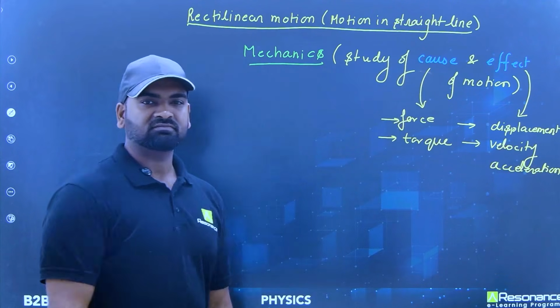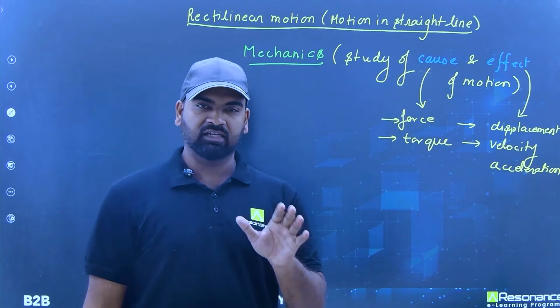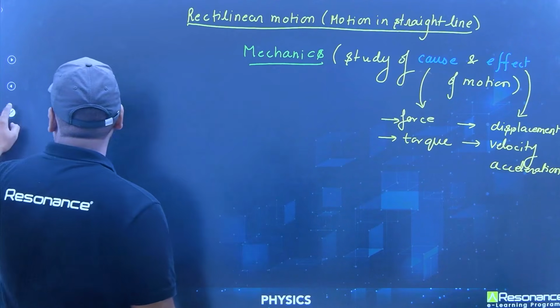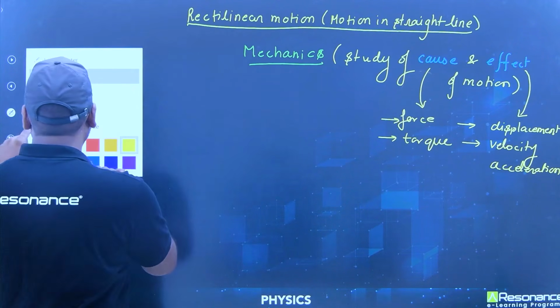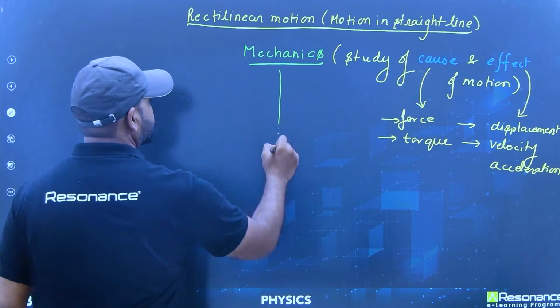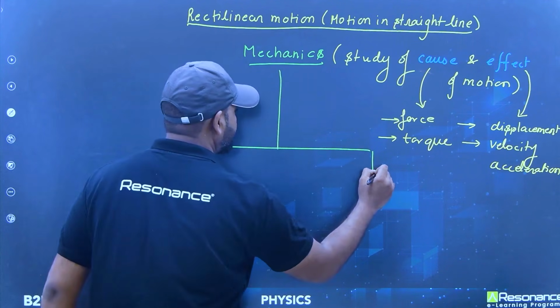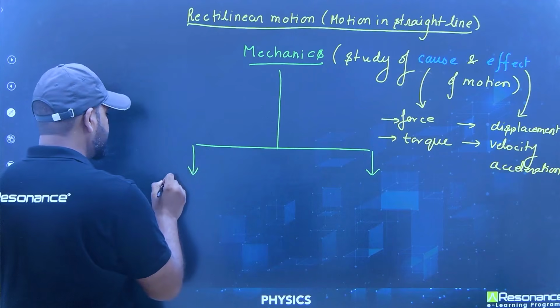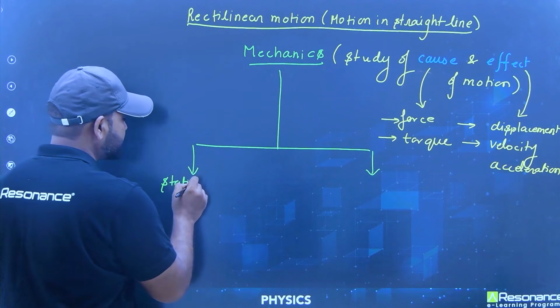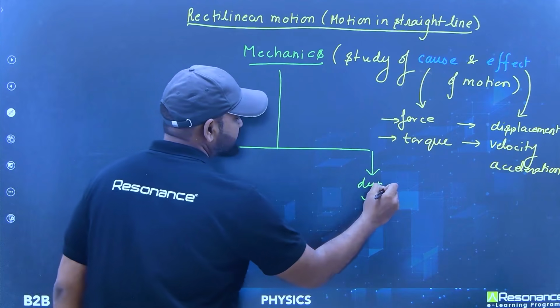Is that clear? So that's the cause and effect. Now let's focus on the separation. What do we get after that? Well, after that, we get something called static and dynamic.